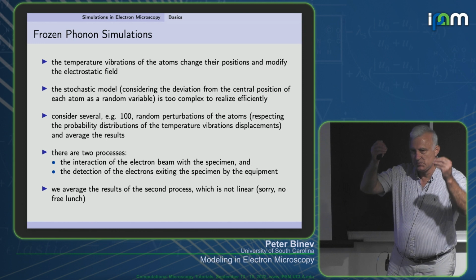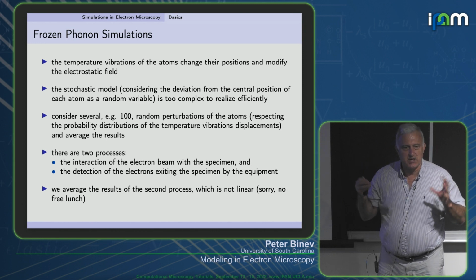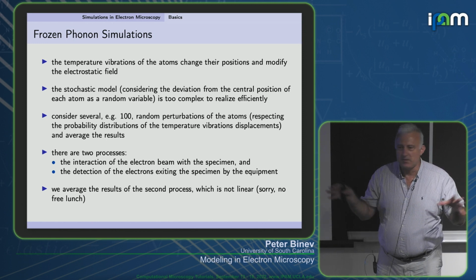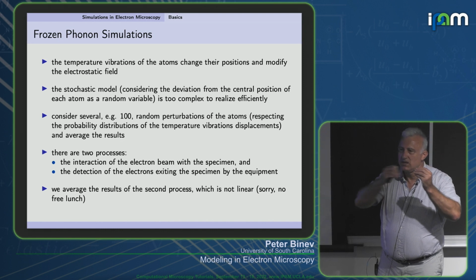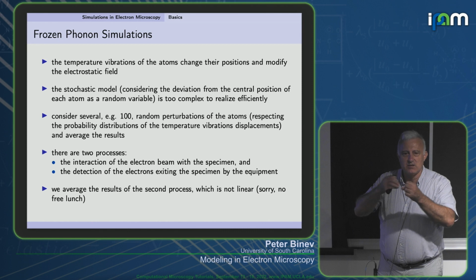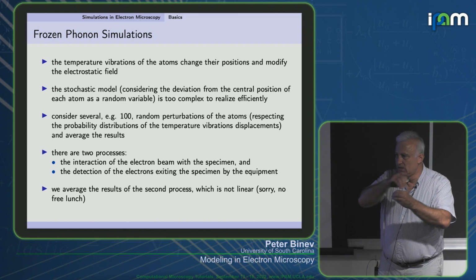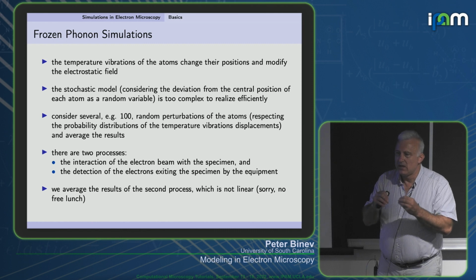We have the average positions where the atoms are expected. If you think about the crystalline structure, you have your perfect crystalline structure, and you say, okay, here are my atoms. Then you say we have some probability distribution which tells us how these atoms can move.